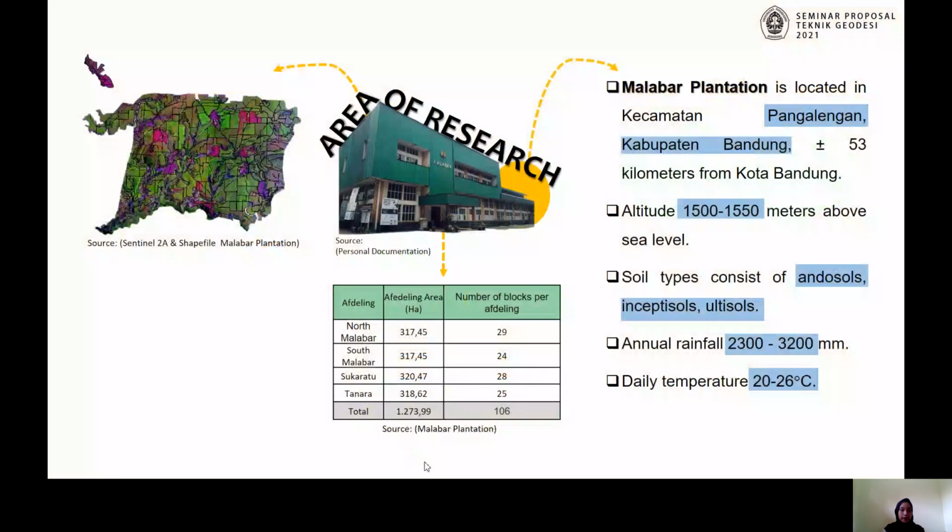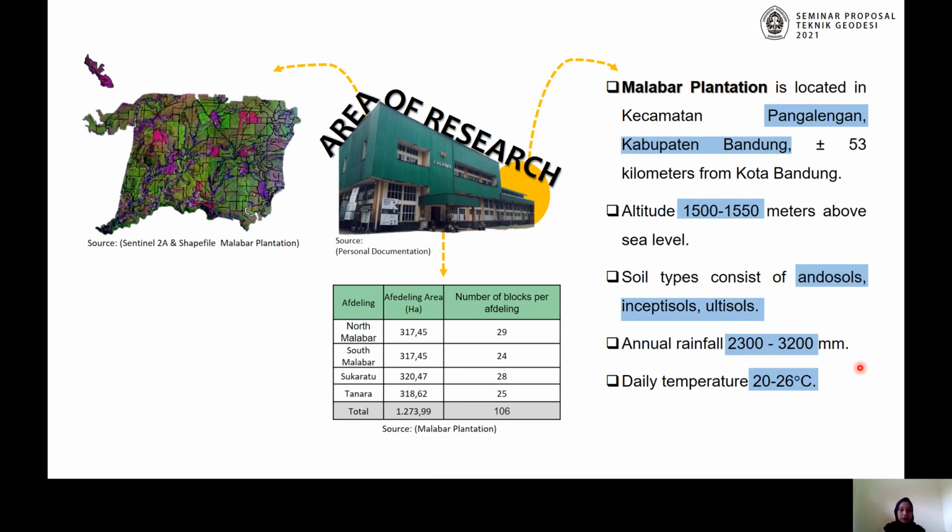Now, let's move to my next topic, area of research. This research was conducted in Malabar Plain Station. Malabar Plain Station is located in Kecamatan Pangalengan, Kabupaten Bandung. Altitude 1500 to 1550 meters above sea level. Soil type consists of undersoil, insect soil, and algae soil.